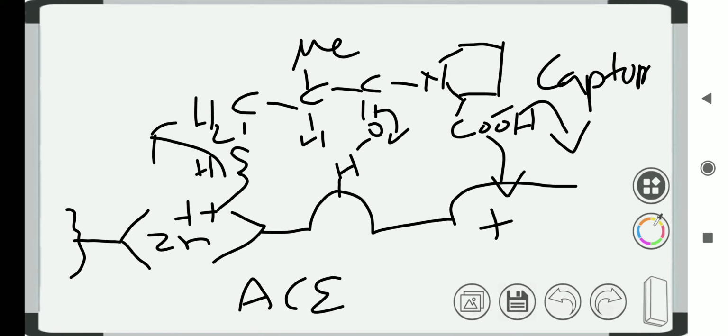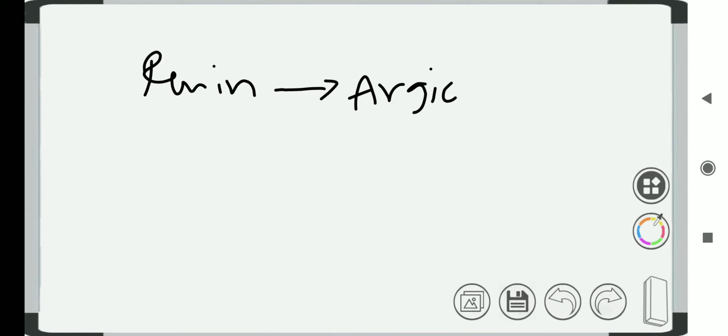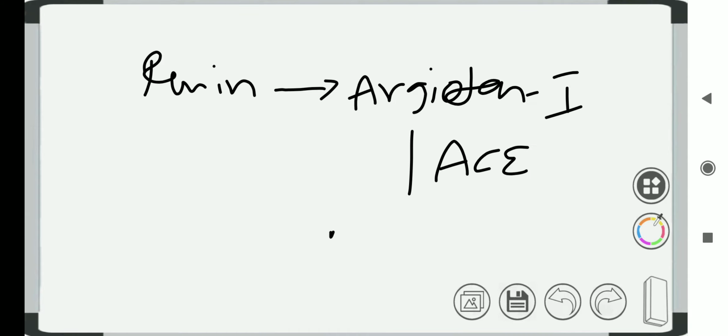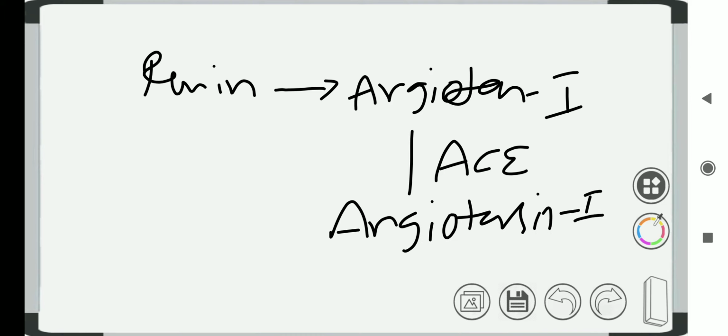Now what's the overall mechanism? Now listen, we know that renin substrate is going to transform, renin is going to transform it to angiotensin 1. In presence of ACE it goes to angiotensin 2. Okay, we know that.